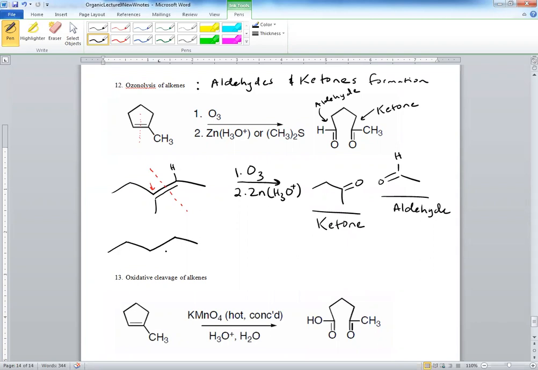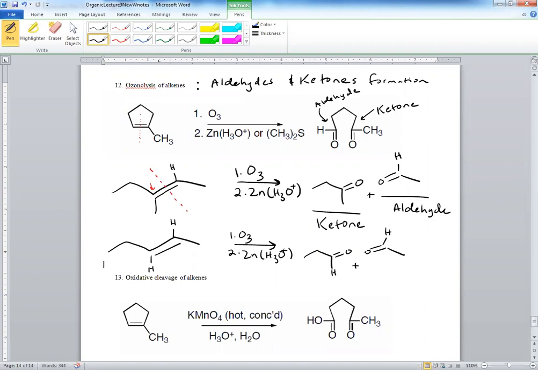Well, what if you had this? Well, you will make 2 moles of an aldehyde. Of course, 2 different ones. I'm going to show them right there because it's a positive sign here, so plus.